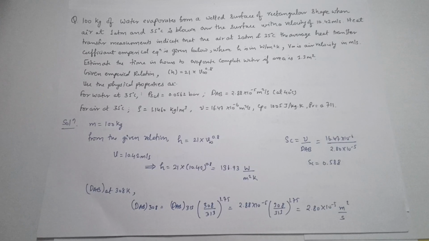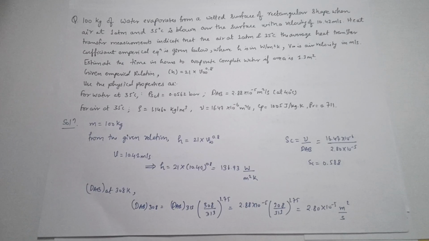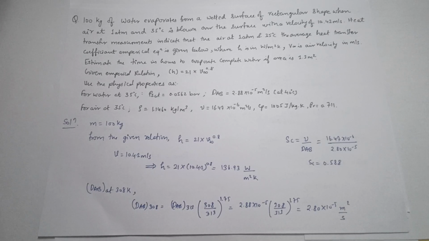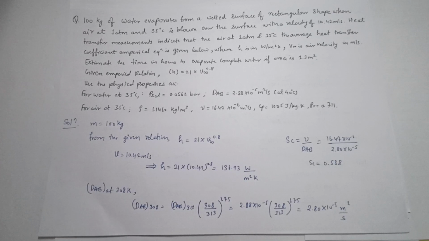For air at 35 degrees Celsius, density is 1.1460 kg per meter cube, kinematic viscosity is 16.47 into 10 to the power minus 6 meter square per second, Cp is 1005 joule per kg Kelvin, and Prandtl number is 0.71.